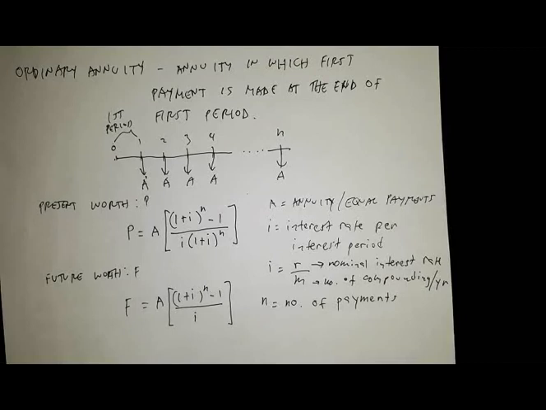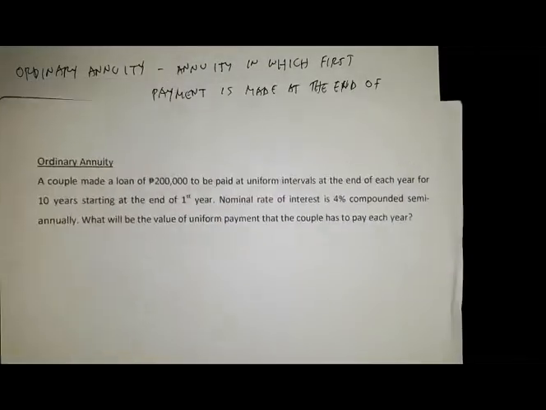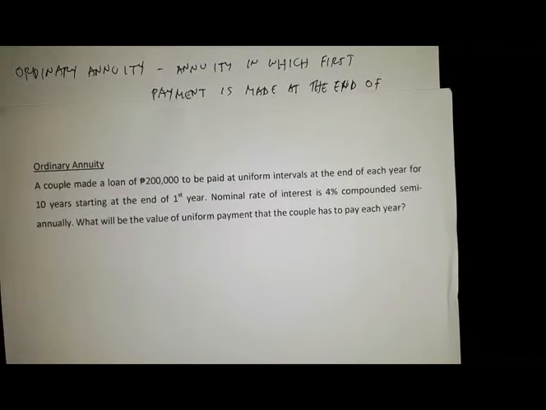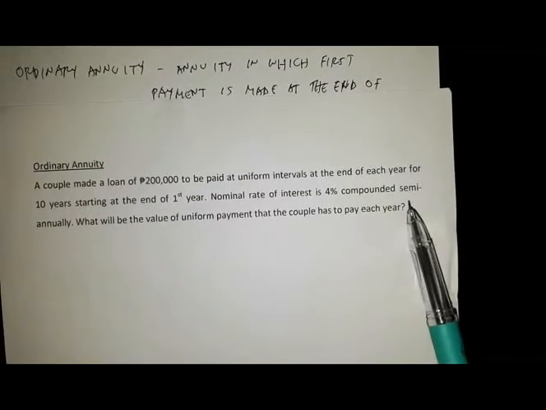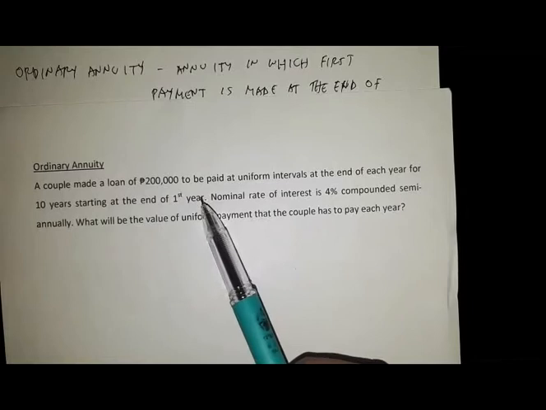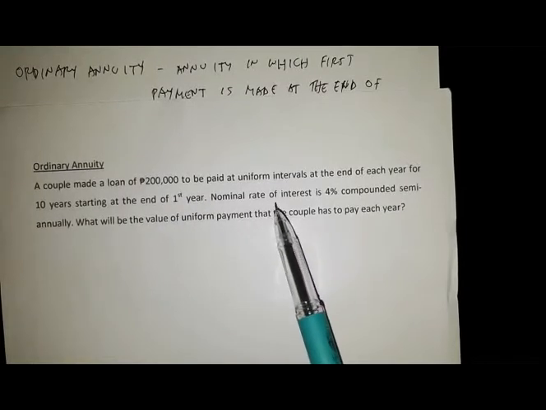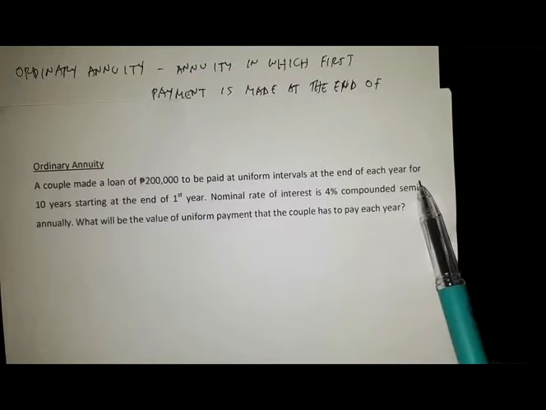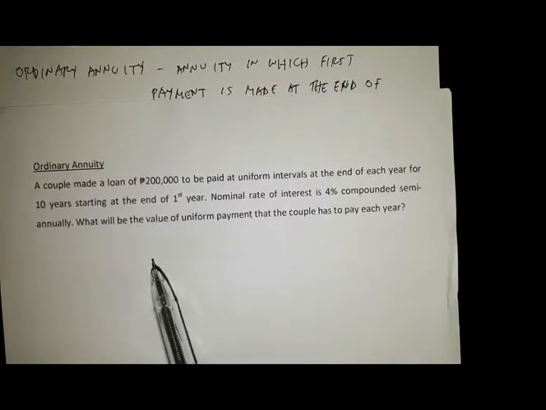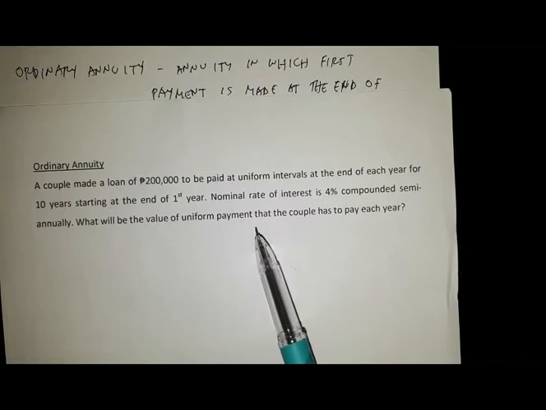Now let's try to answer an example. For the ordinary annuity, we have here a problem. A couple made a loan of 200,000 pesos to be paid at uniform intervals at the end of each year for 10 years, starting at the end of the first year.